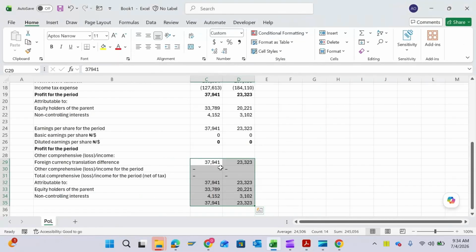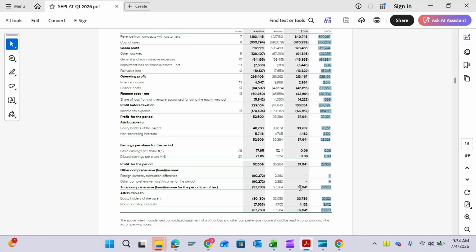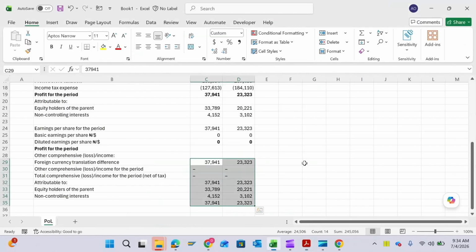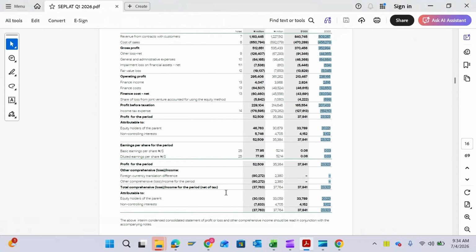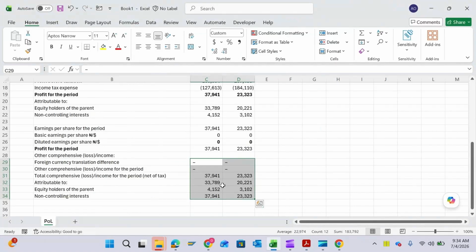So profit for the period is meant to be in the profit for the period side. Yes, and this comes up. Then total comprehensive loss, okay, is there. We make it bold.